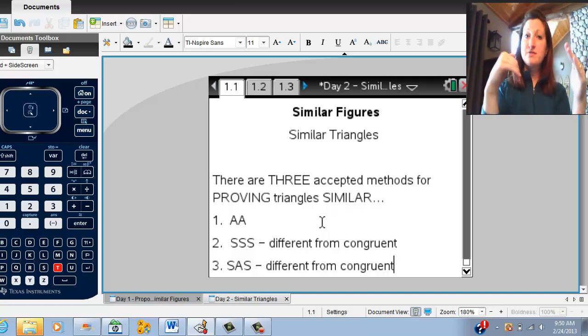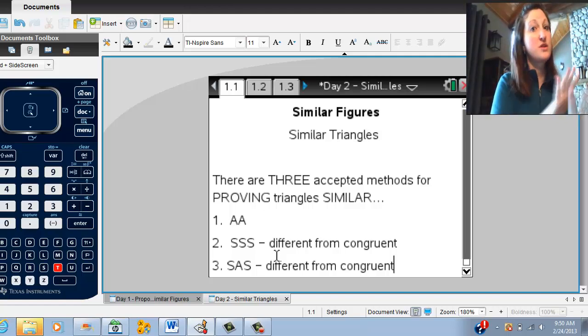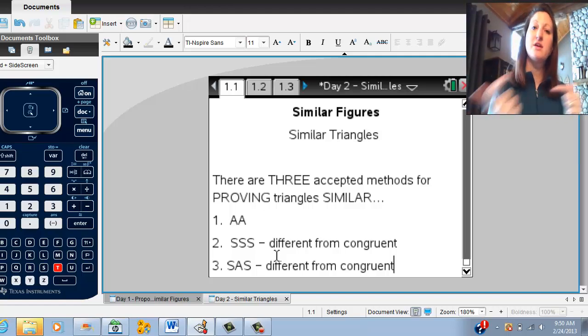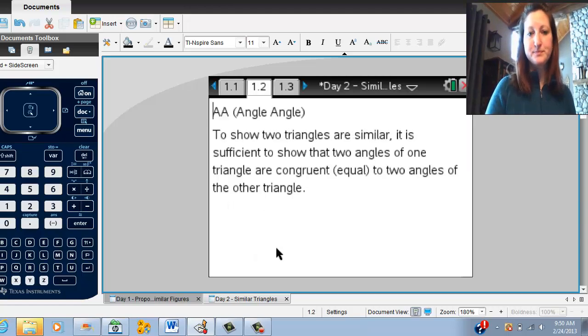So if you were to compare sides, they have to reduce down to the same fraction. So anytime you're going to use something with sides in it to prove that triangles are similar, you have to show that the sides reduce down to the same fraction. So you're not showing that they're the same length. Same length would make them congruent. What you're doing is showing that they reduce down to the same fraction.